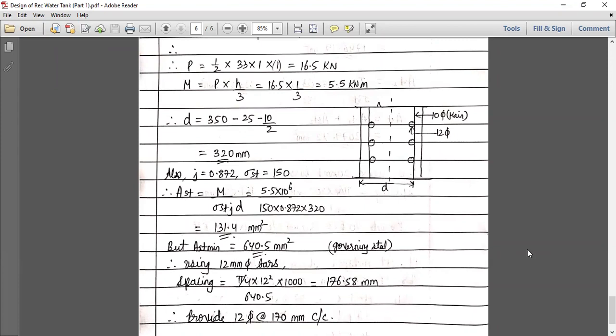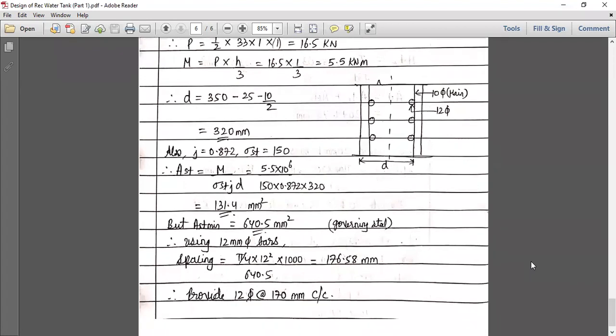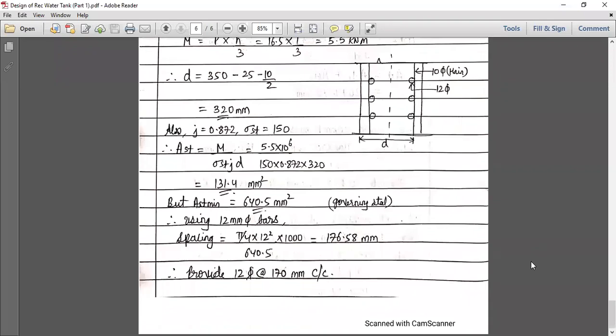So you can use 12 diameter and find out the spacing. Anyone got the spacing? So use 12 diameter for minimum steel and provide the necessary spacing. Yes, all of you done with this?